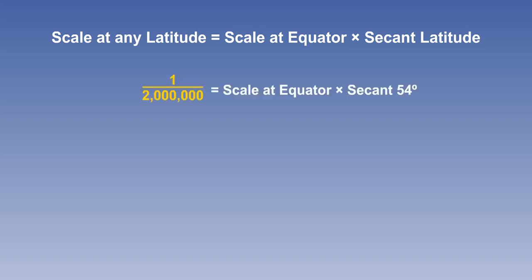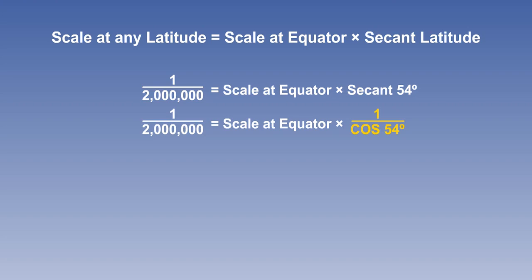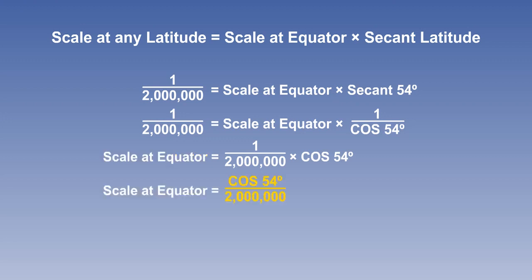The scale at 54 north is 1 to 2 million. As before, write secant as 1 over cos. Rearrange to make the scale at the equator the subject of the equation. This gives us the scale at the equator. It's 1 to 3,402,603, about 1 to 3.4 million.